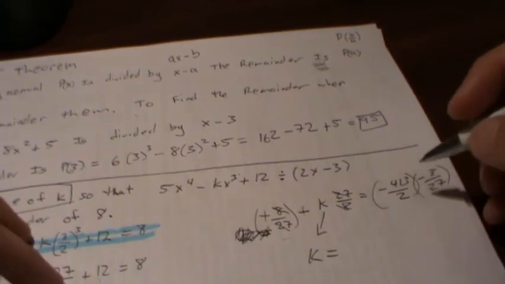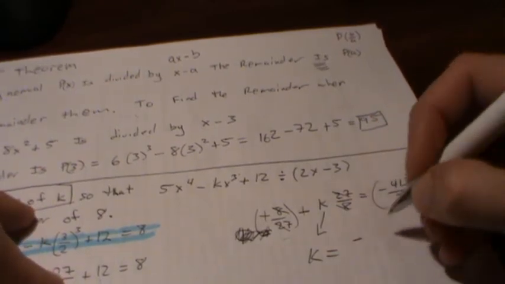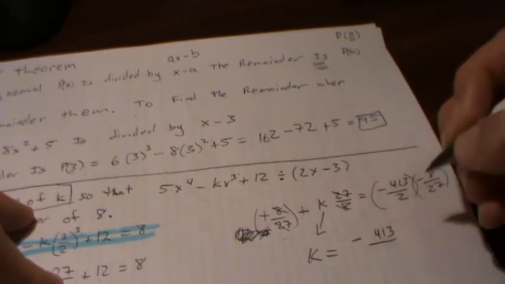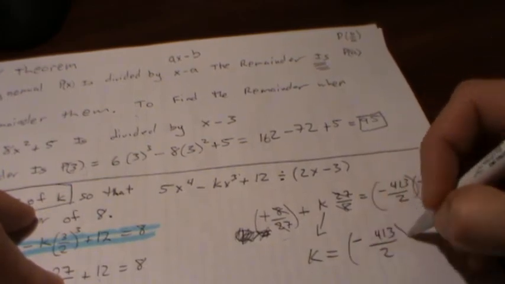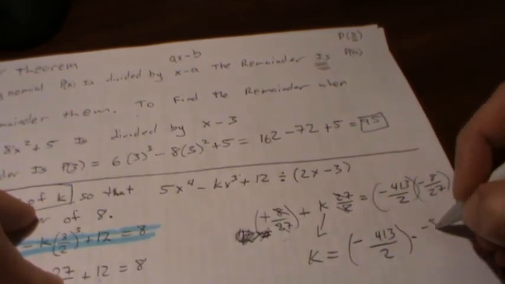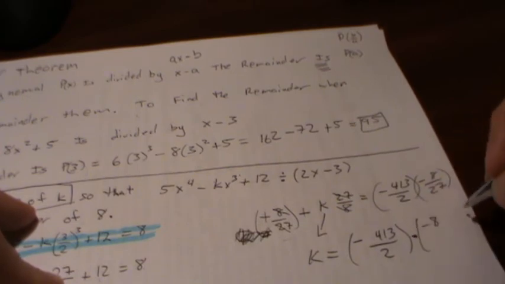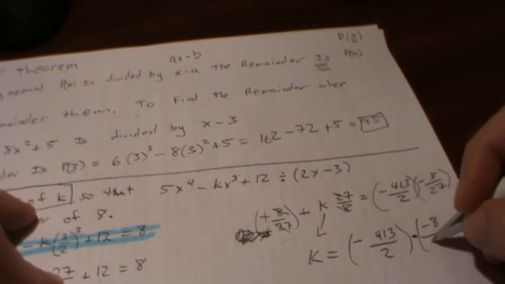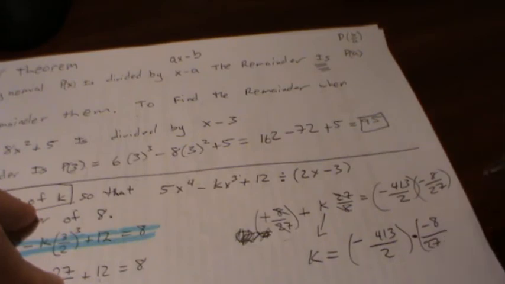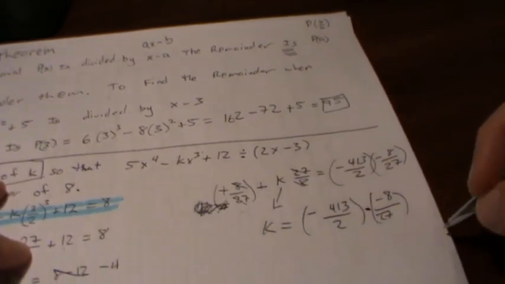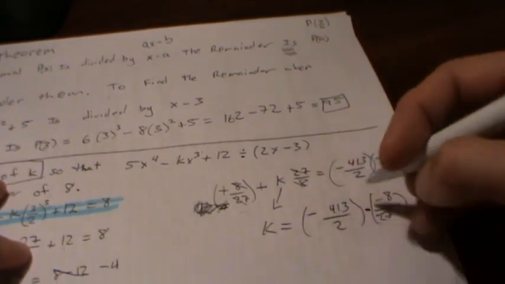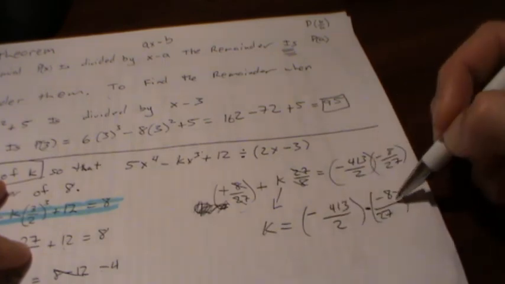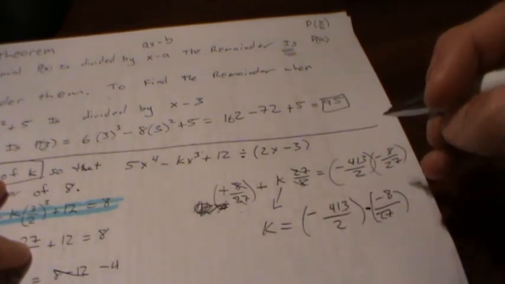You just multiply it out, which I can let you guys do. 413 times 2, just to speed things along, times a negative 27/8, or 8/27, which, remember that when you multiply fractions, you multiply the numerators and the denominators.